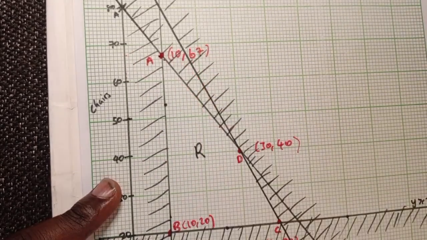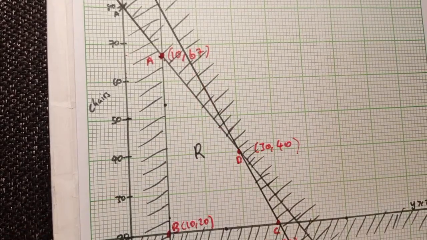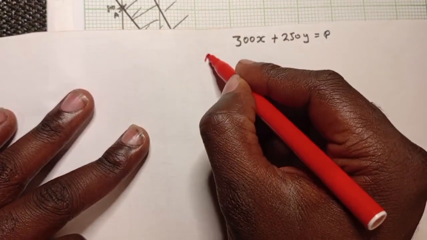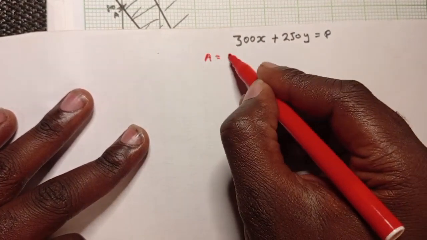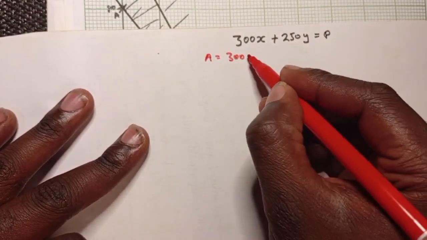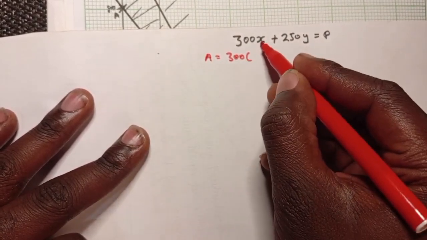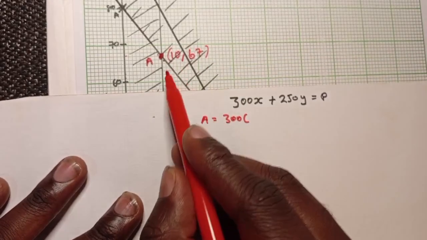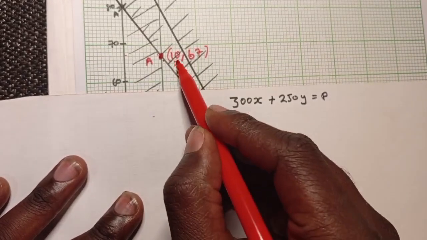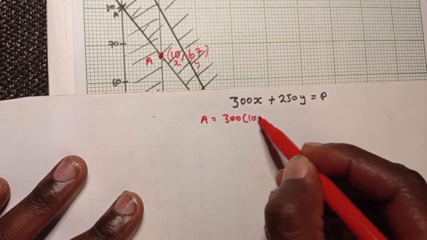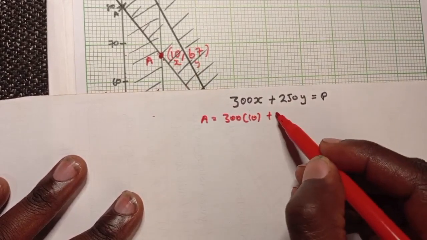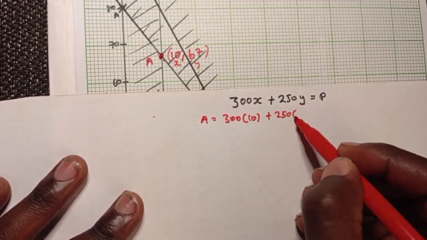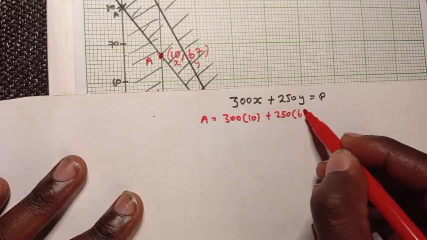Okay, 10, 67. And we're going to use these. So for point A, I'll write 300. Now for my x here, I'm going to replace with the x value for point A. So this is x, this is y. So I'm going to write 10 plus 250. What is my y? 67.